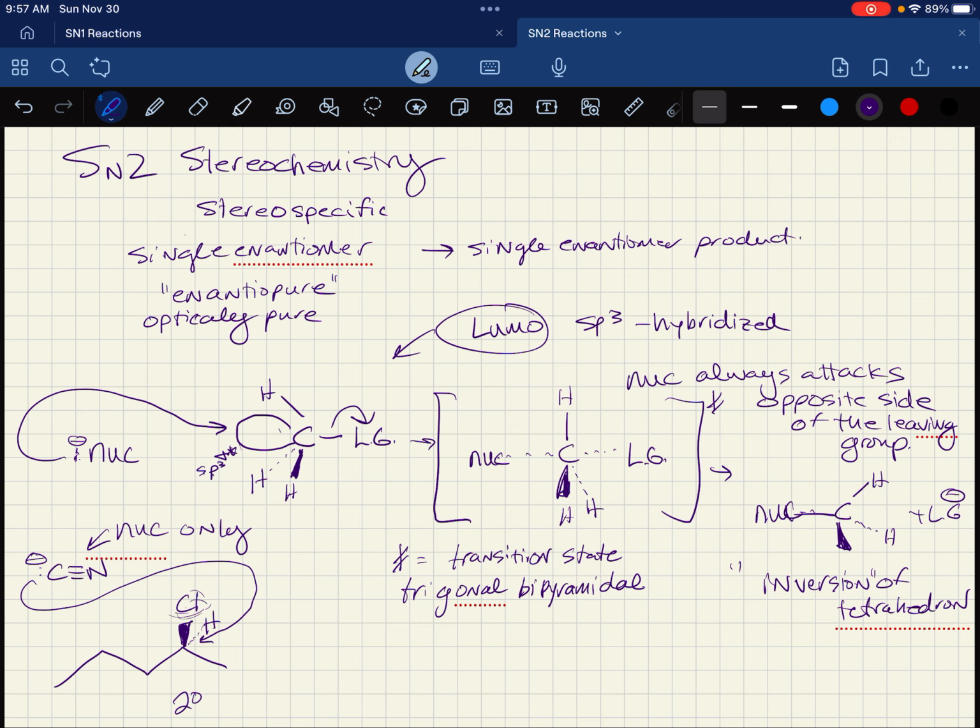The chloride anion is going to come out the front. So that means when we draw the product, we're going to put cyanide in the back, and then the hydrogen will have gotten pushed forward. And of course we have chloride as our leaving group. So you're always going to get that inversion stereochemistry only when we're doing SN2.